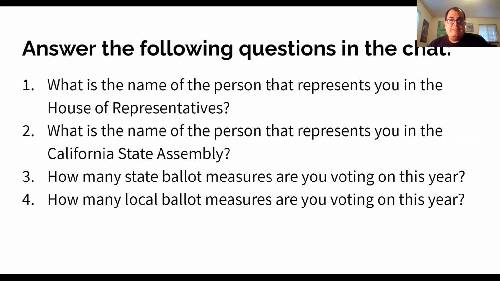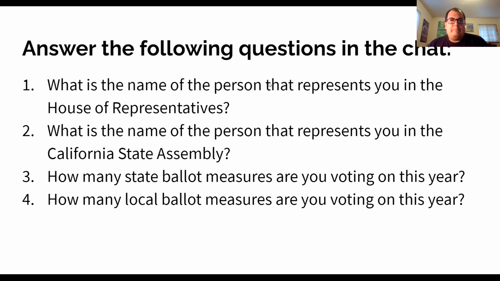For number 3, we were voting on 12 initiatives this year. So we've probably seen a lot in the news. You might be like me and you just keep getting bombarded with different flyers on different propositions. So there are 12 altogether, props 14 through 25. And then, like I said, at the local level, it's going to really depend on where you live.